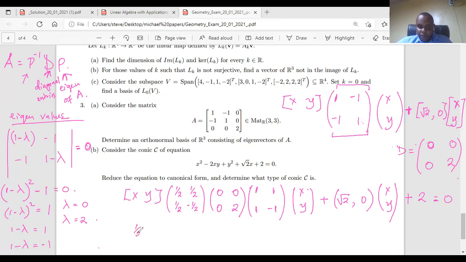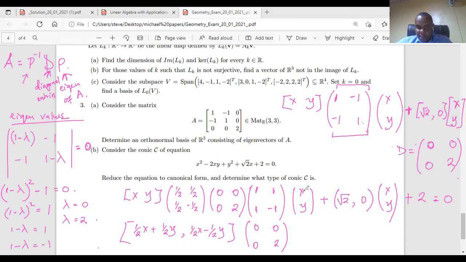Then a half x minus a half y. And then this is 0, 0, 0, 2, 2, 1, 1, 1, minus 1.